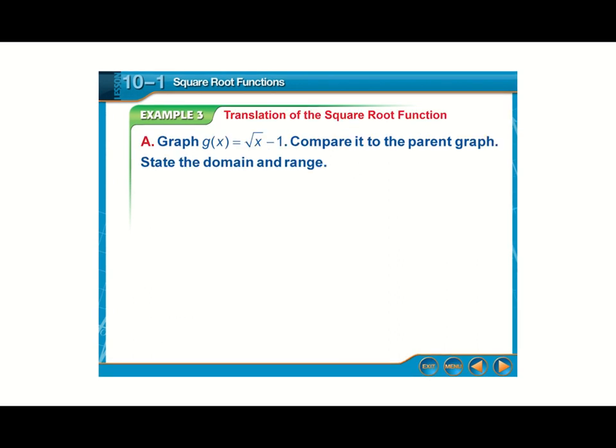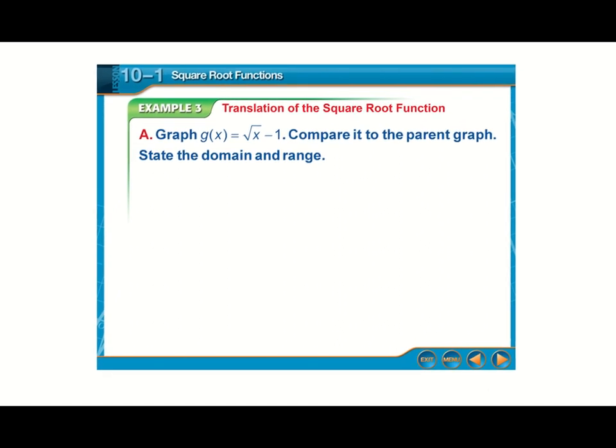Now, just comparing what we know about transformations, what does it usually mean when a number is out on the side all by itself? That usually means it's going up or down. So since we have -1, we know that this means that it is going down by 1. So instead of starting at 0, 0, we're going to start at -1.